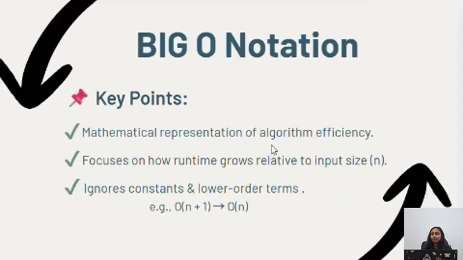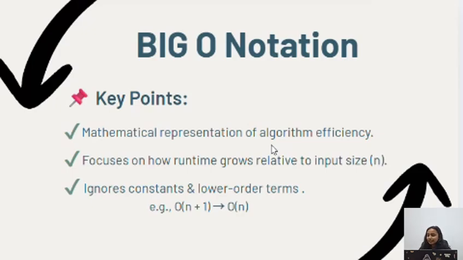So when considering big O, there are some key points we should know. One is that big O notation is a mathematical representation of an algorithm's efficiency. It focuses on how runtime grows relative to the input size. Let's take n. n is like a variable x that we use to make sums in maths.